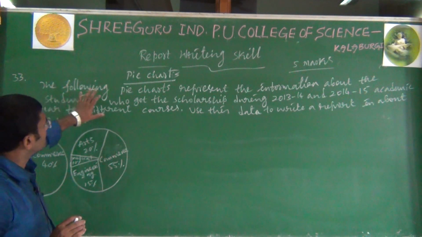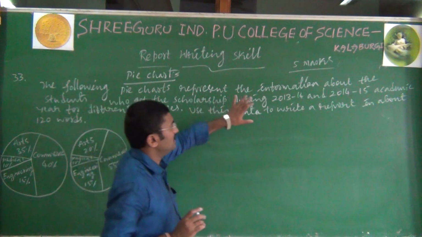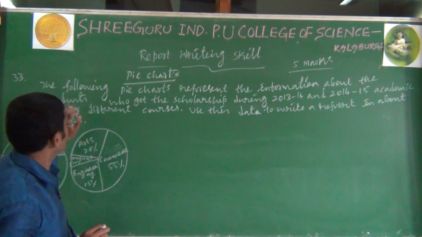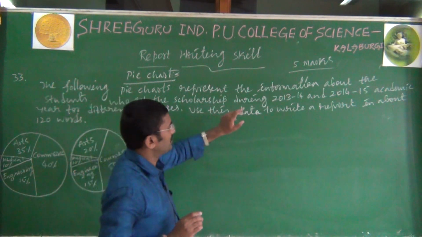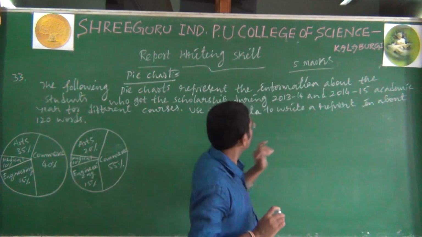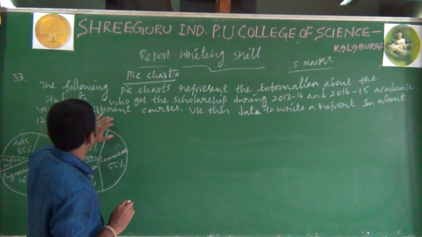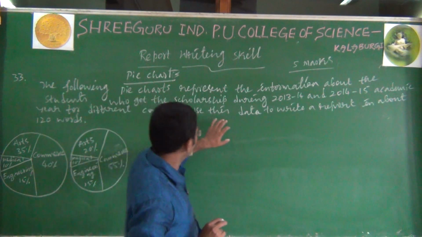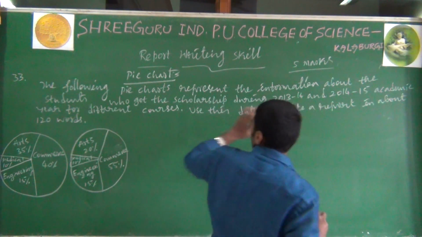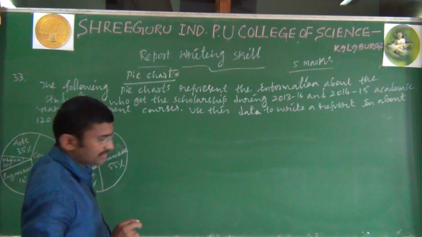The following pie charts represent the information about the students who got the scholarship during 2013 and 2014 academic year for different courses. Use this data to write a report in about 120 words.